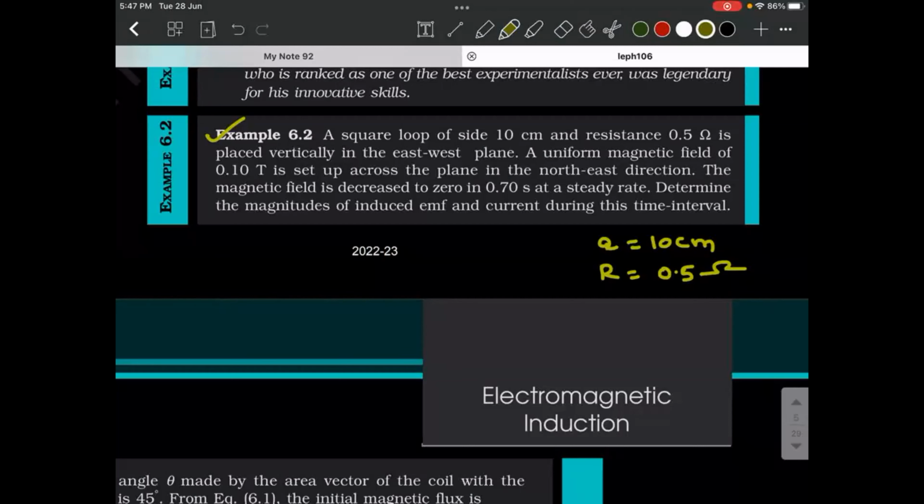Then there is a uniform magnetic field of how much value? So there is a uniform magnetic field of 0.1 Tesla, which is set across the plane in the northeast direction. Then suddenly, the magnetic field is decreased to 0 in 0.7 seconds.